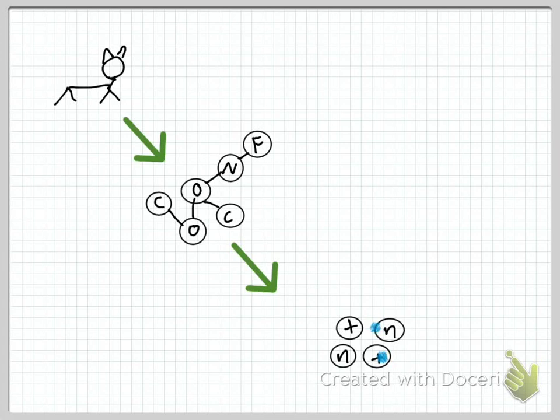Right? That's just how atoms work. Okay? So what we've done is just go from looking at the cat as a very complicated system to a very simple system, the most basic components that make a cat a cat.